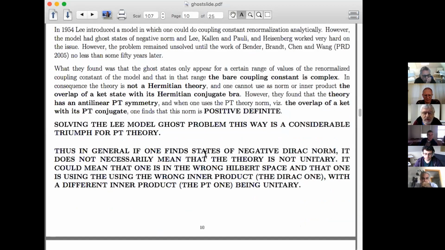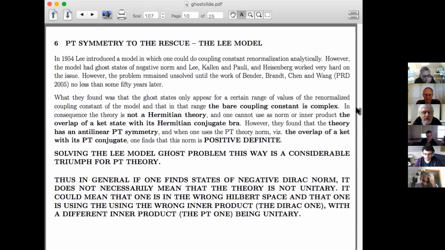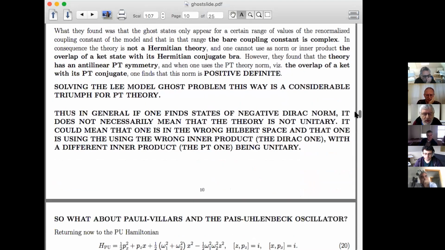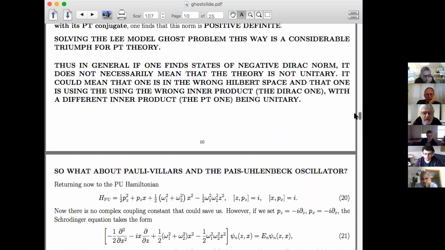In general, if one finds states of negative Dirac norm, it does not necessarily mean that the theory is not unitary. It could mean that one is in the wrong Hilbert space and that one is using the wrong inner product, the Dirac one, with a different inner product, the PT one, being unitary. So a theory that looked like it couldn't be rescued is rescued by this PT mechanism.